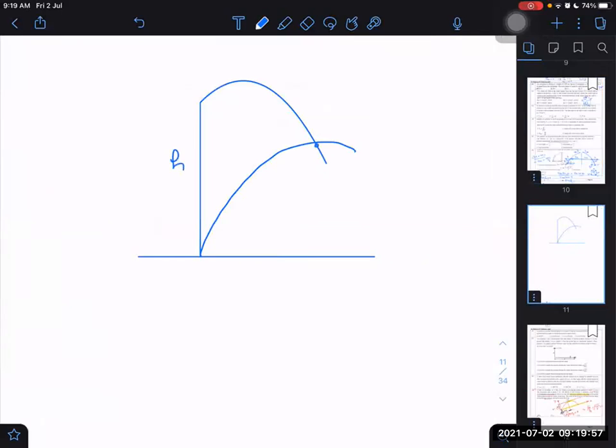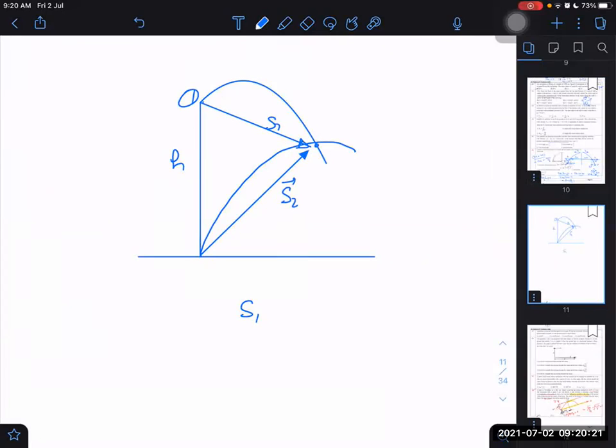This is height H. If I think in relative motion terms, then I will say: the displacement of the first particle, the top one, is S1, and the displacement of the second particle is S2.